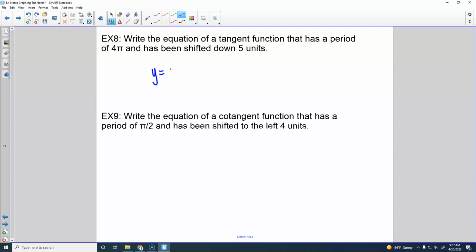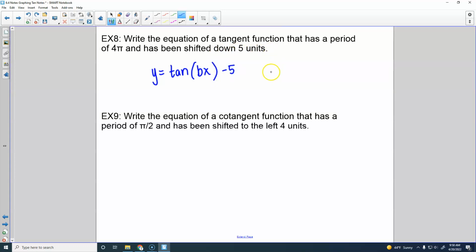It can be stretched out, but I'm not going to give that to you because it's just hard to do. So I would do tangent of bx, no plus c, because I don't need a plus c for this because it's not shifted left or right. And it's going to be shifted down 5 units, so it's going to have a minus 5 here.